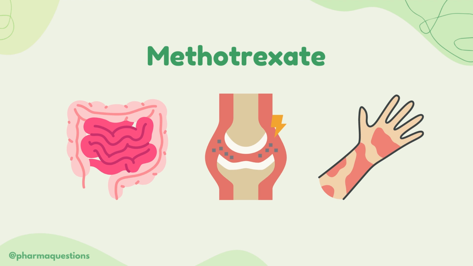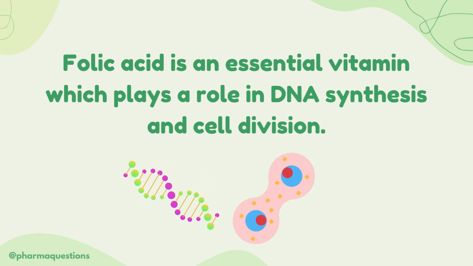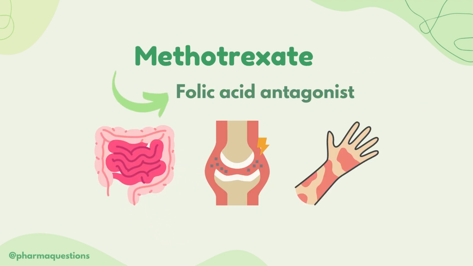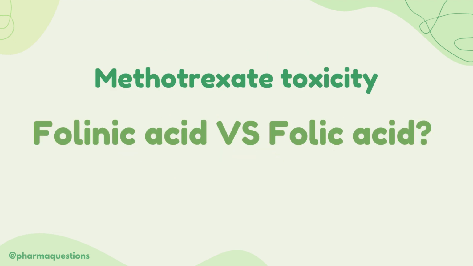However, for this video we'll be focusing on the antifolate properties. Folic acid is an essential vitamin which plays a role in DNA synthesis and cell division. Methotrexate is a folic acid antagonist, which is why it is able to tackle certain inflammatory conditions. The antidote for methotrexate toxicity is folinic acid.